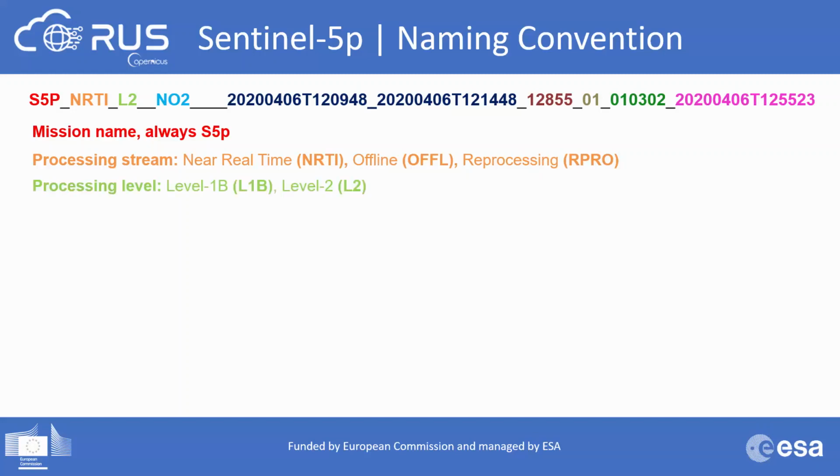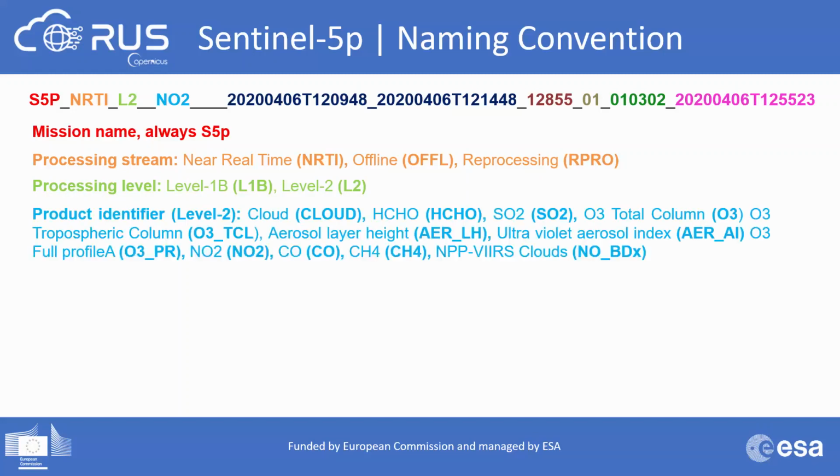Then we have its processing level, either level 1B or level 2, as you know already from the previous slides. Then we have the product identifier. So remember, if it's a level 2 product, we have different geophysical parameters. So we have a product for NO2, we have a product for carbon monoxide, and so on. So here you can see the full list for the level 2 products. I'm not including the level 1B, just to focus on the data we will be using today.